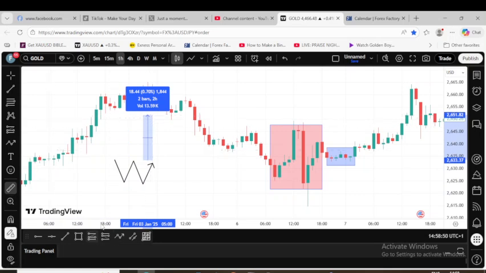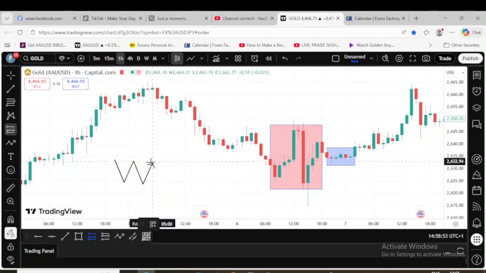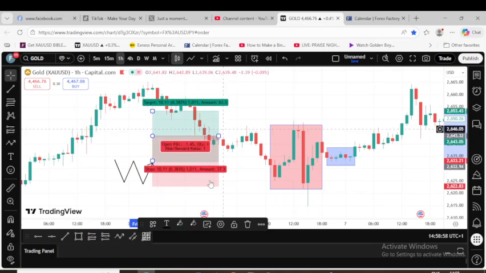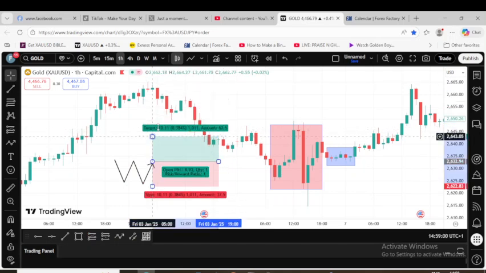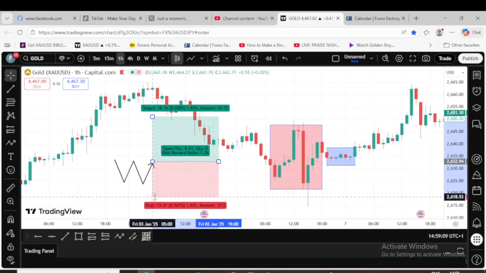So this is what my expectation would look like. I'll be targeting about 18 points, and my stop loss would also be about 18 points wide.